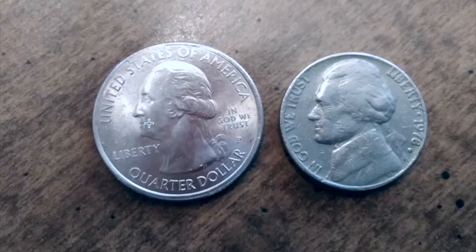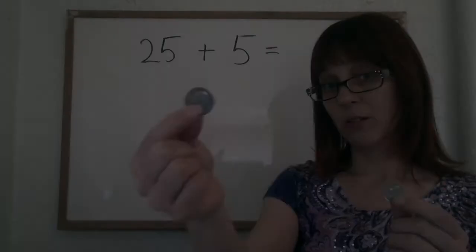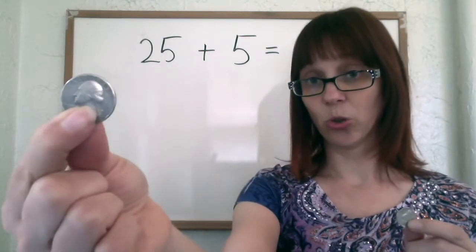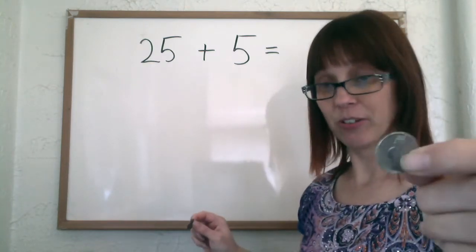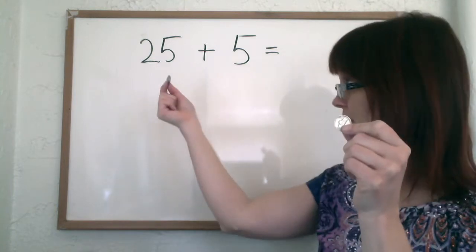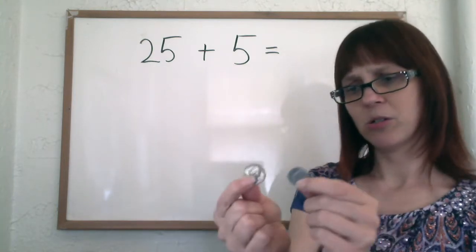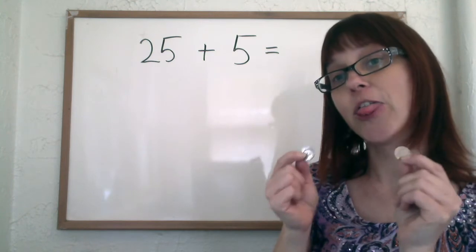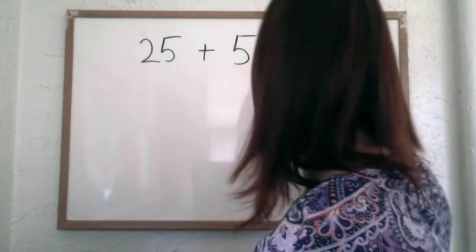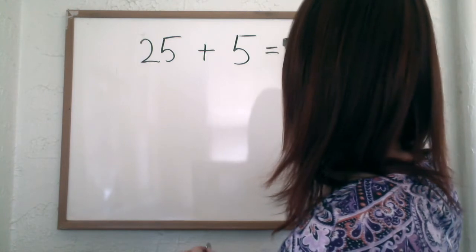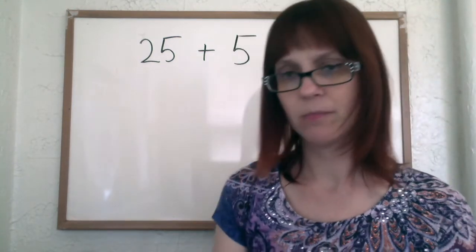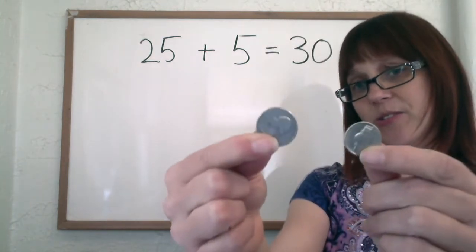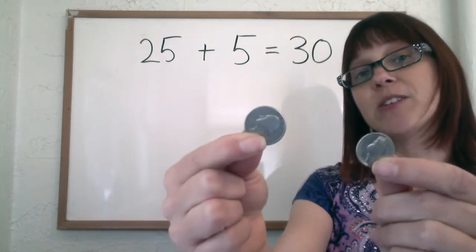So I have 25 plus 5, 25, quarter, plus 5, nickel, is what? 30. How much is this? 30 cents.